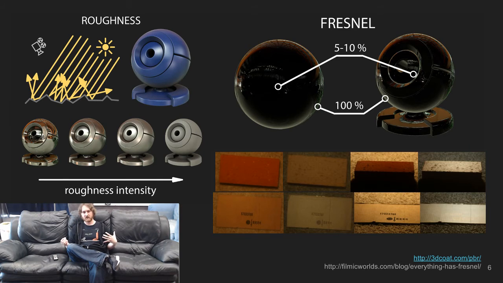The next material principle of light that the PBR pipeline tries to replicate is microsurface detail, or roughness. You see that up in the left-hand corner, where the light comes in at a certain angle, but nothing is ever perfectly smooth.